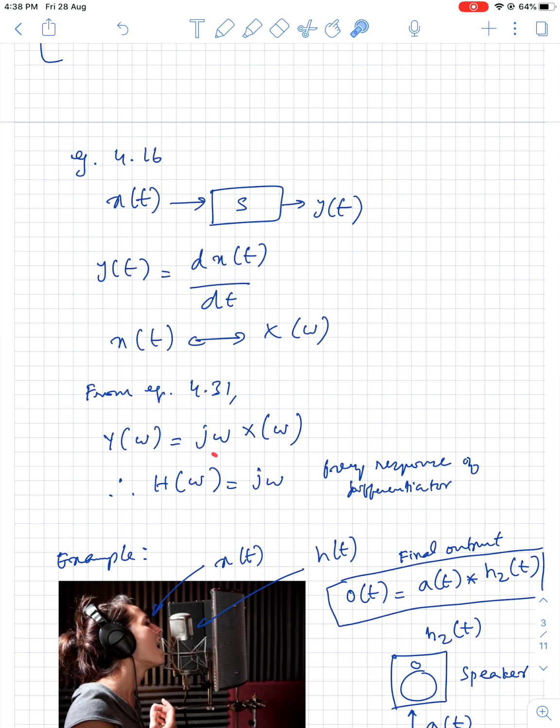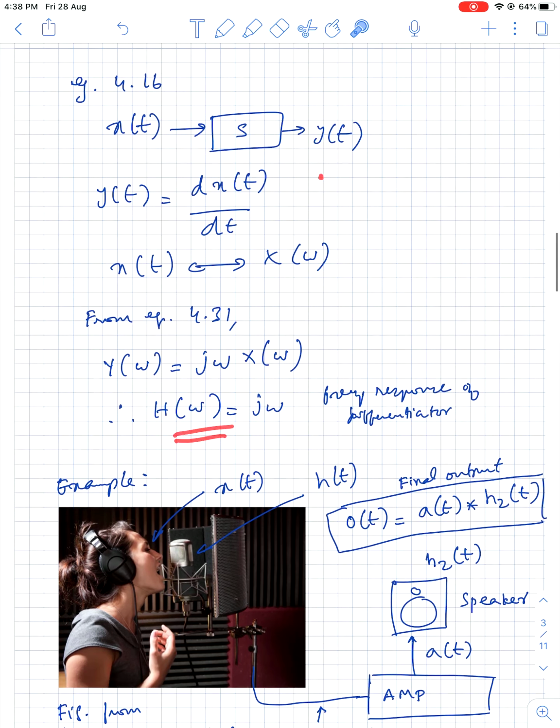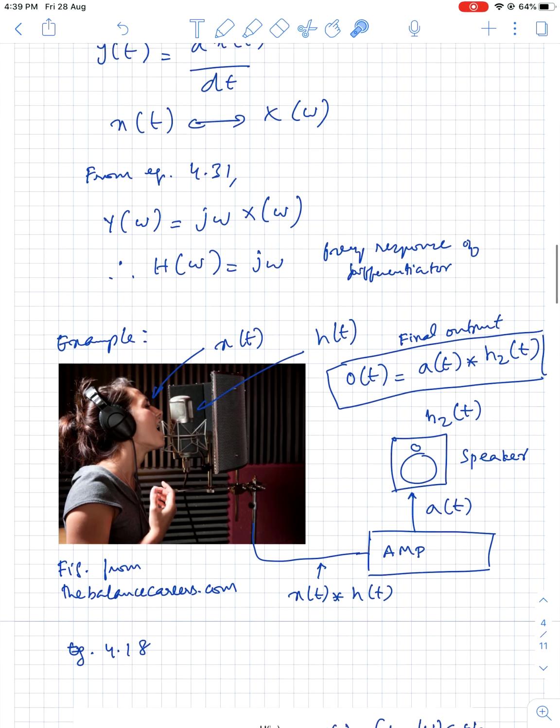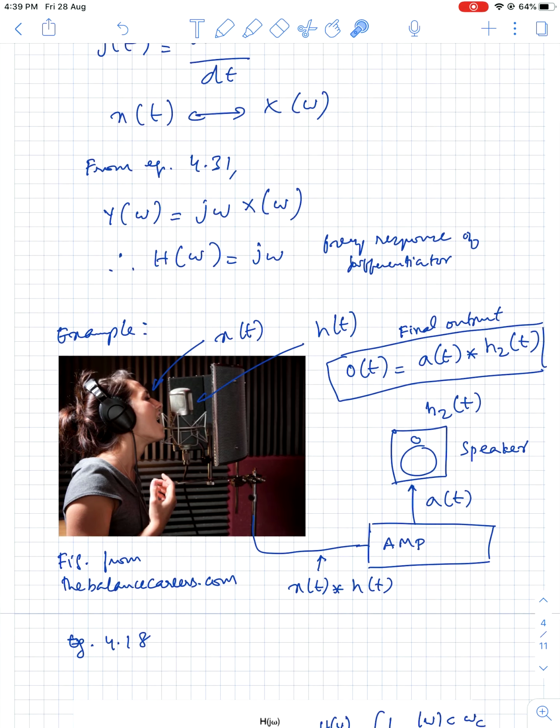But we know from the differentiation property that if x of t transforms to X of omega, d by dt of x of t transforms to j omega X of omega. So essentially this means that the frequency response of the differentiator is j omega. So this you can try. These are examples illustrating the use of the various properties of the Fourier transform to solve some problems.